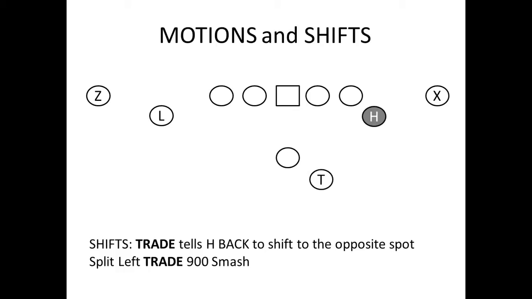That gives us the ability to get set strength to the right, then come back and trade him to the opposite side, and he can set the edge on sprint out protection. Trade, we tell him it's all the way to the hip, and it's a quick shift.